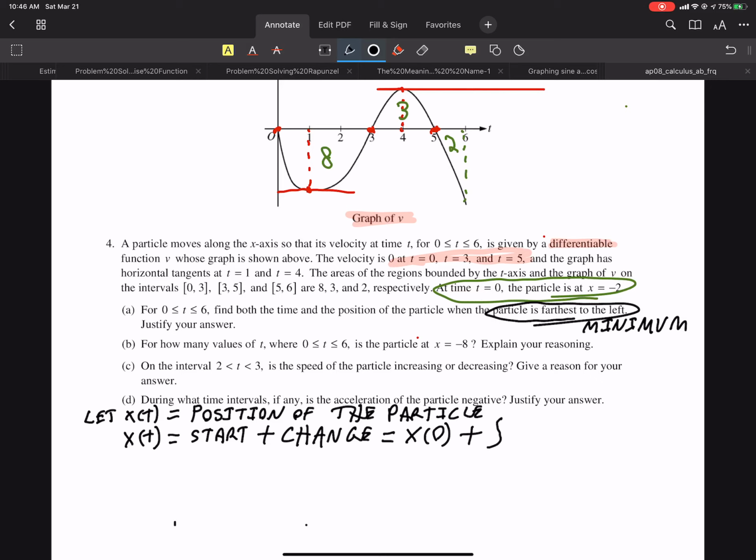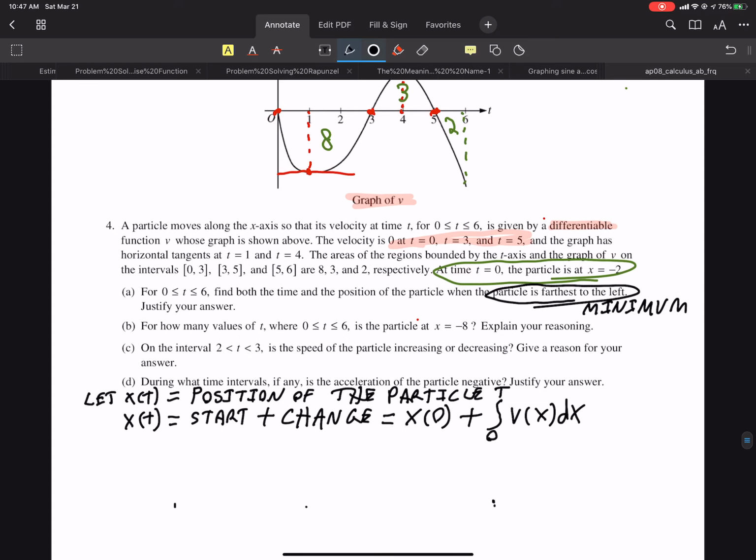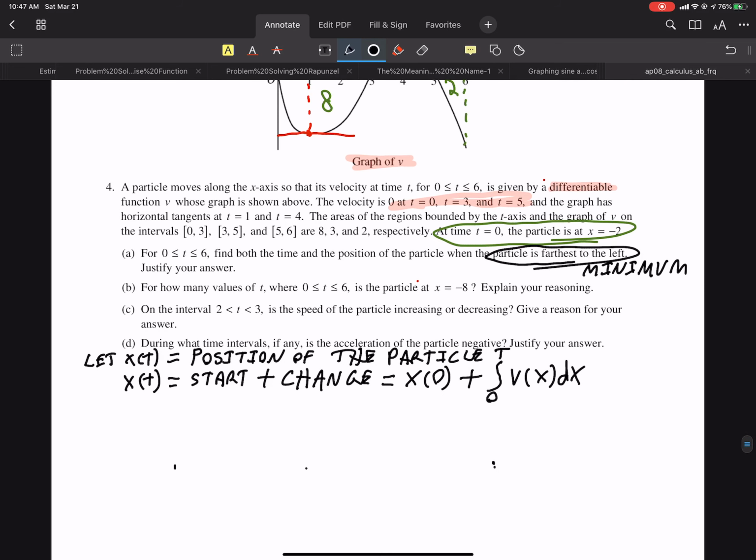And to find the change in position, if you integrate the velocity, that will give you the change in position. So that's going to be our formula for the x position. So we know x sub 0 is given as -2. And then we're going to integrate our velocity function.